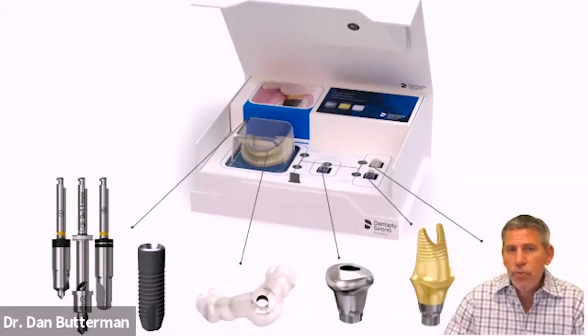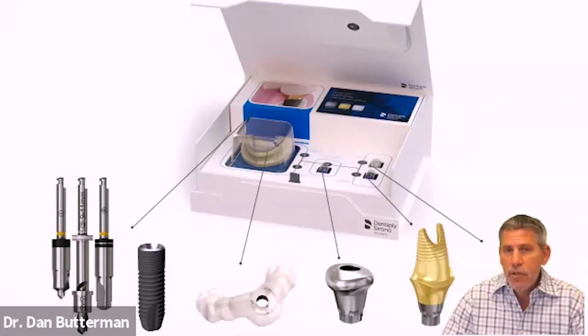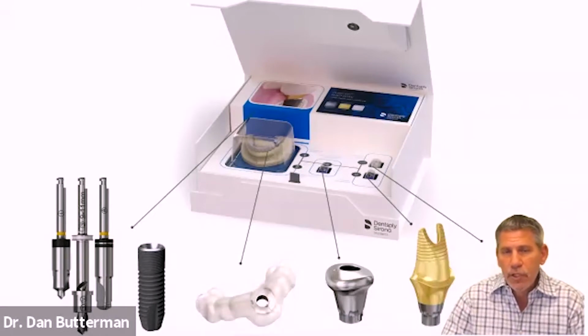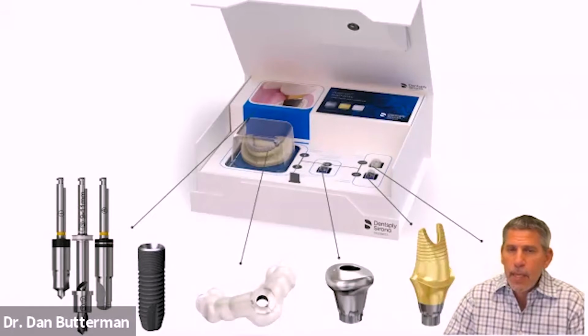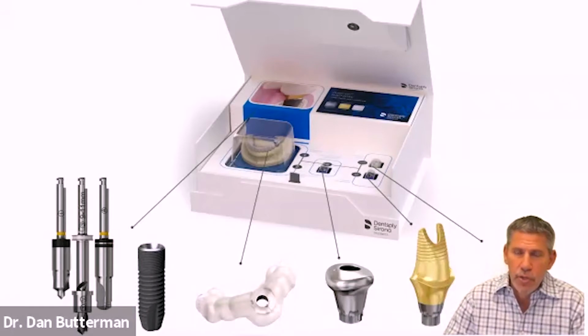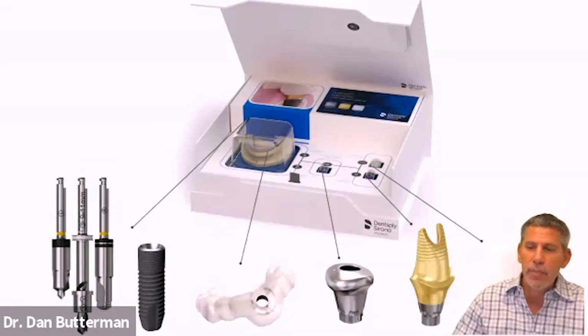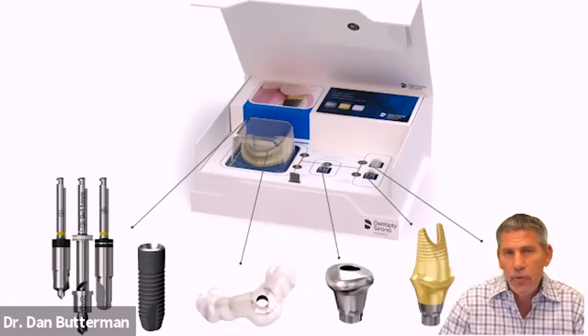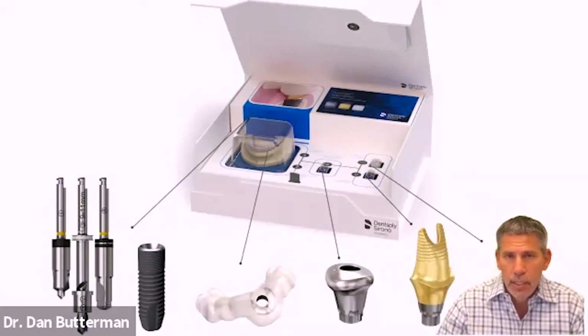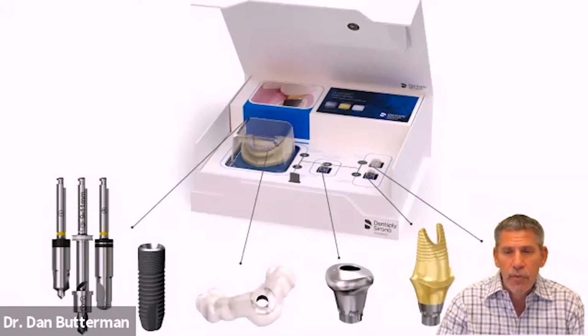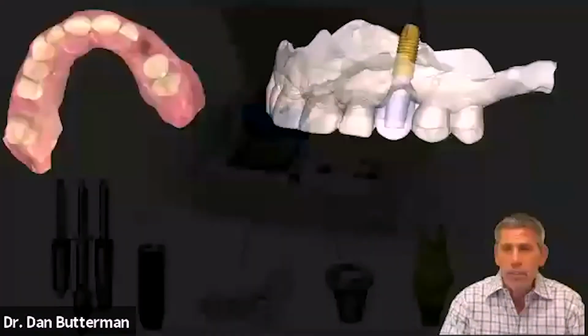And then there's two really interesting other features. You have not just a stock healing abutment, you actually have a custom healing abutment. And then you have a final abutment and a plastic PMMA temporary crown. So you can make the decision at time of surgery, what do you want to apply? Are you going to put a healing abutment on, or do you actually want to temporize the implant at day of surgery? And those are all options in the box.